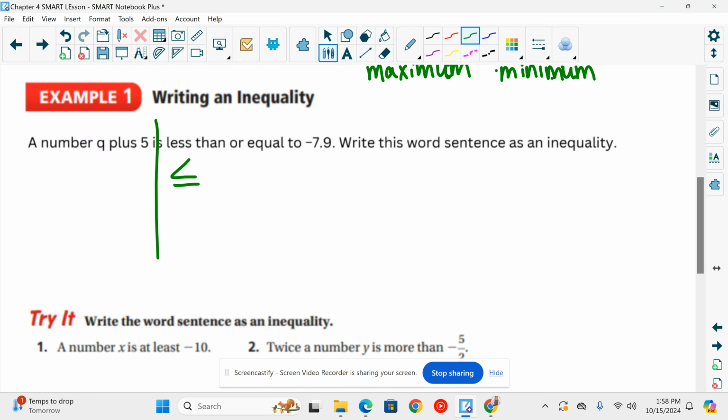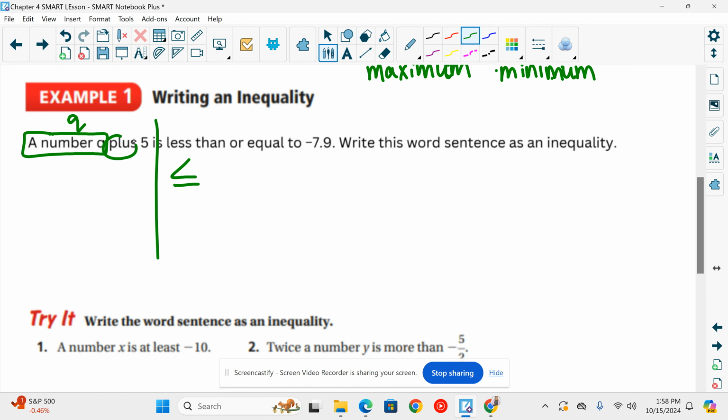Before the symbol, we have a number q plus 5. What does a number q mean? It's a variable. Do we know how much q is worth? No. So it's just saying a number q, or just saying q plus 5. Well, what's plus 5?